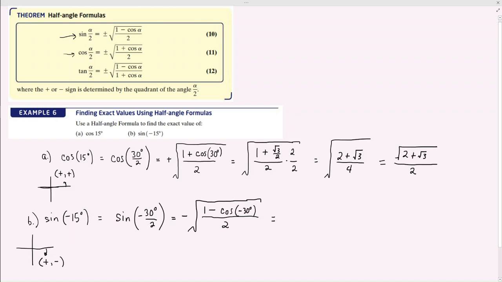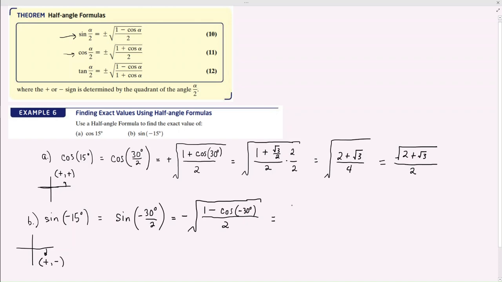Okay, so the cosine is even, so remember the cosine of negative 30 degrees is identical to the cosine of 30 degrees, and you can see that right here. The cosine is positive on the right half of the coordinate plane.